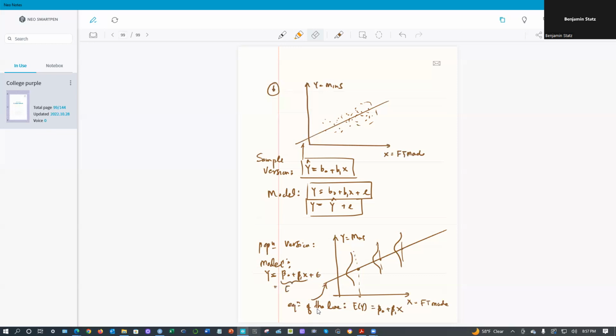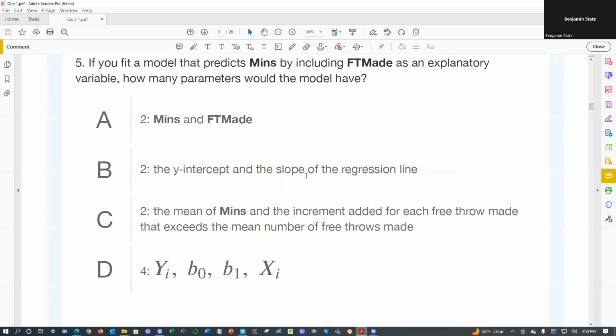This part we call E of y, plus epsilon. Another way to write it. So these are the parameters, beta naught and beta 1, or the estimates b naught and b1. So the bottom line: what are the parameters, and what are the statistics?